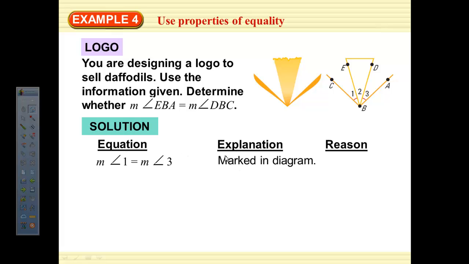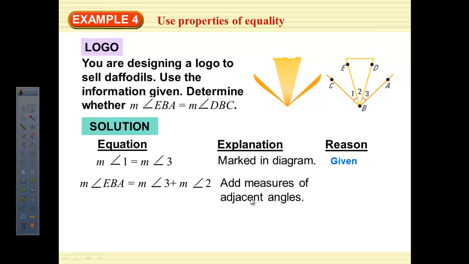So what's marked in the diagram is that 1 and 3 are congruent, and again, the reason for that is given. The next thing we want to look at is that we know that EBA is these two added together, 3 and 2, and that's because of the angle addition postulate that we learned a while ago.